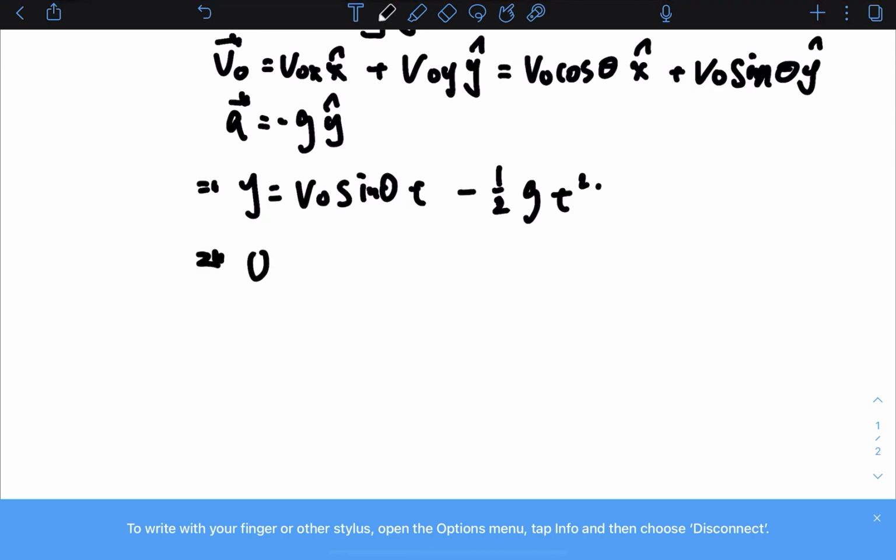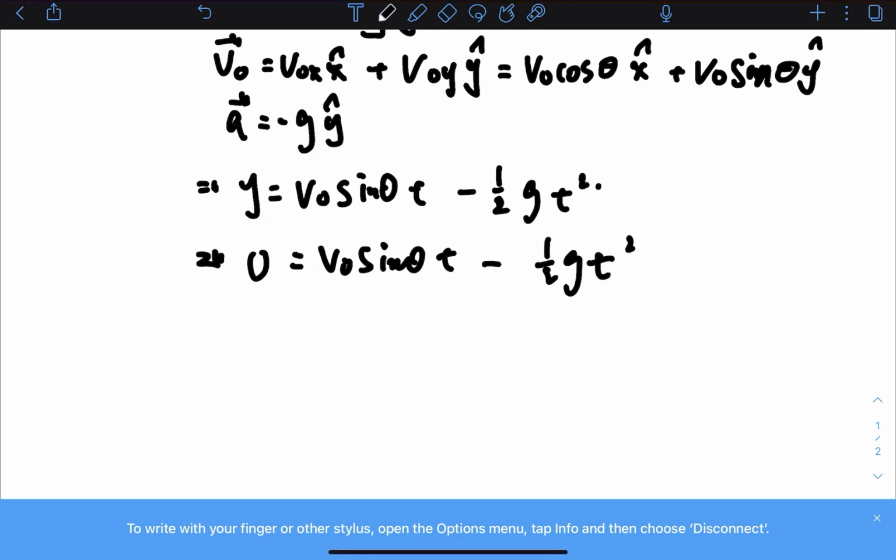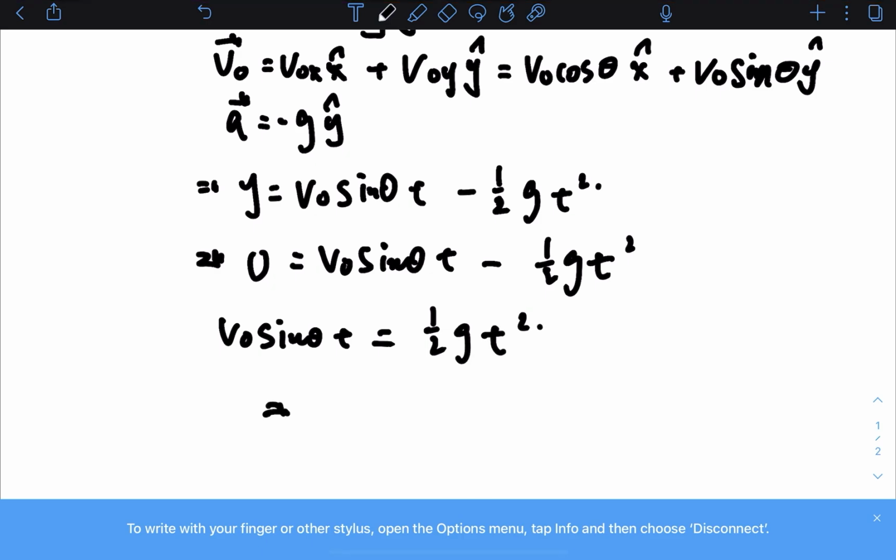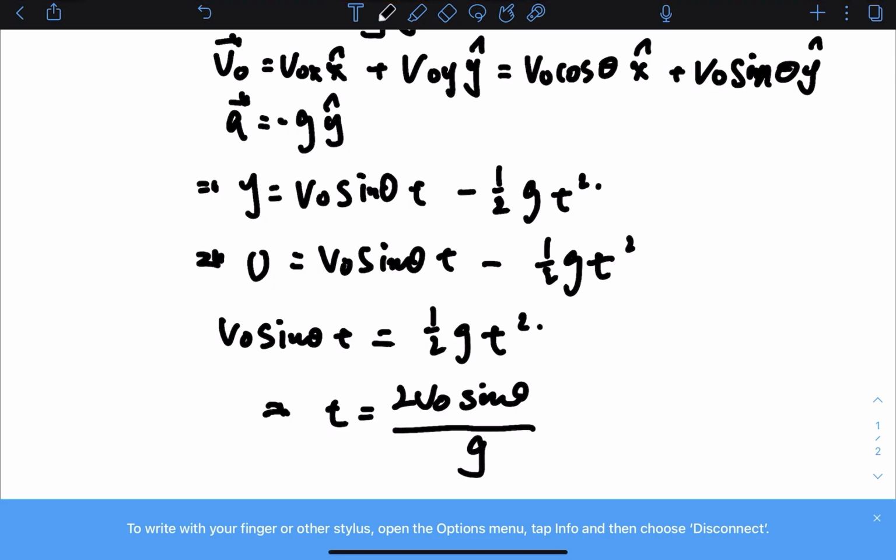So 0 equals v0 sine theta t minus 1 over 2 g t squared, because we want to calculate the time it takes. Moving this part to the left-hand side gives v0 sine theta t equal to 1 over 2 g t squared. One t is cancelled, and then we have t equal to 2 v0 sine theta over g. So that's the time.